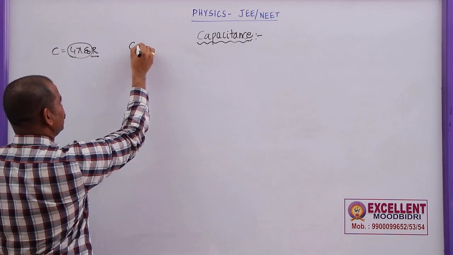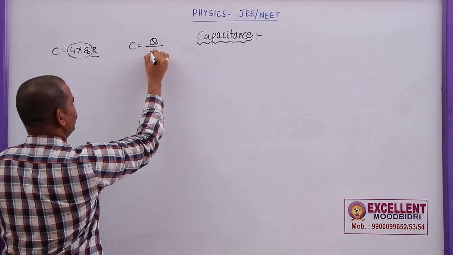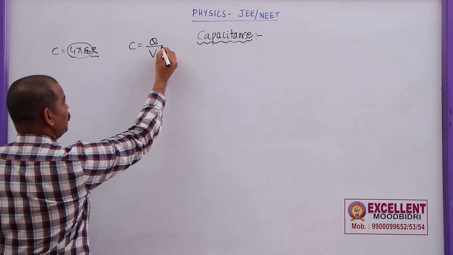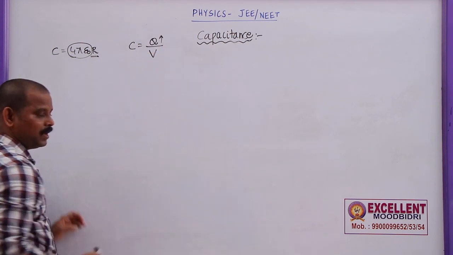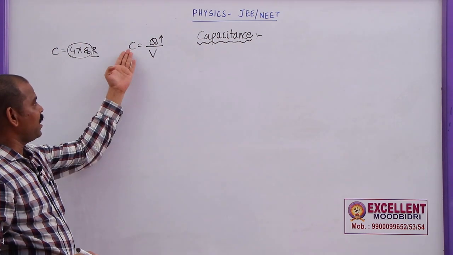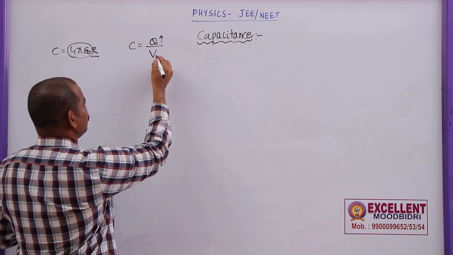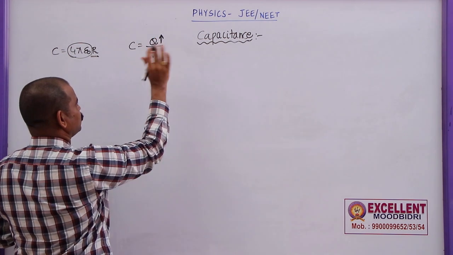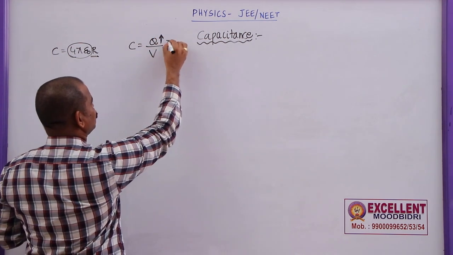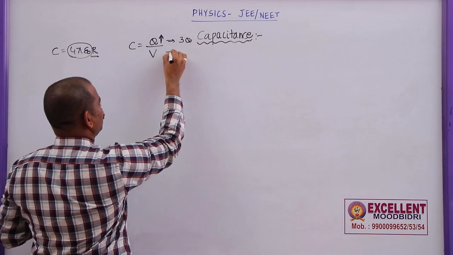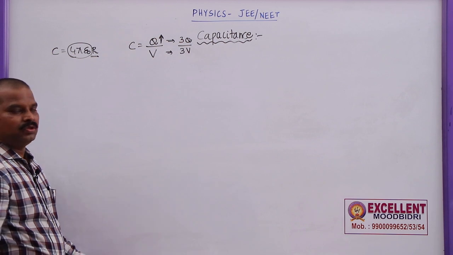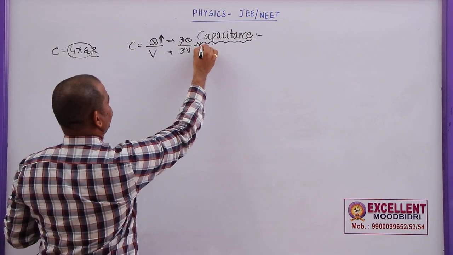In general, C is given by charge by potential difference. Here, if you increase the charge on a capacitor, what happens to the capacitance? You may think that whenever charge increases, the capacitance may increase. No. If charge increases to 3Q, the potential on that capacitor also increases to 3V, and once again this will be Q by V only.